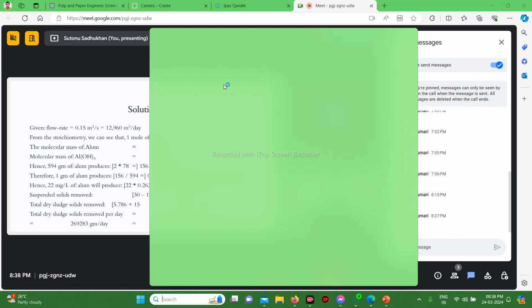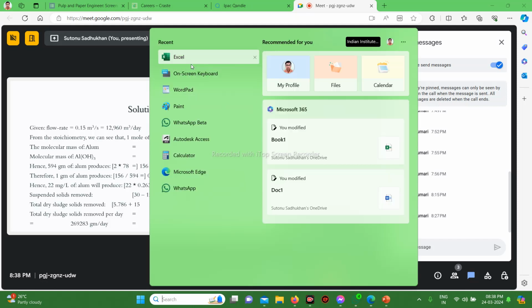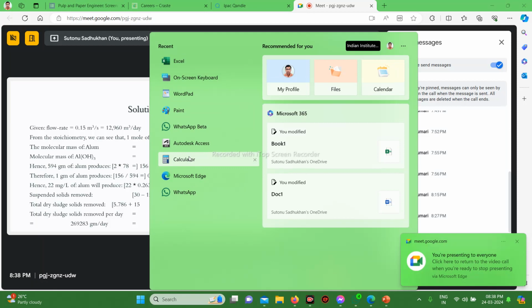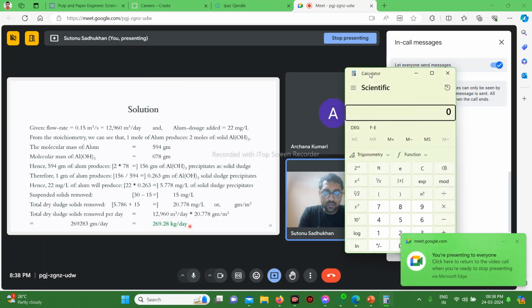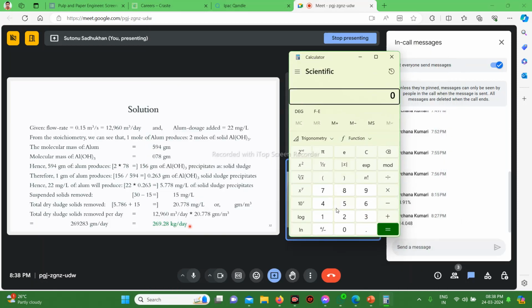So let's assume yes, we are considering only this 5.778. 5.778 milligram per liter or gram per meter cube into 12960.